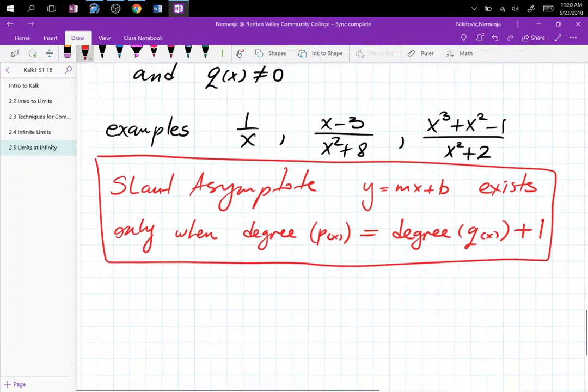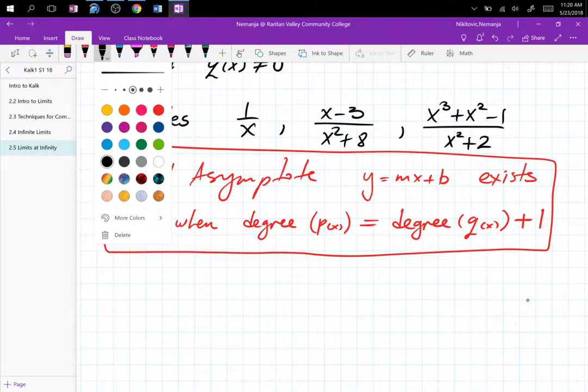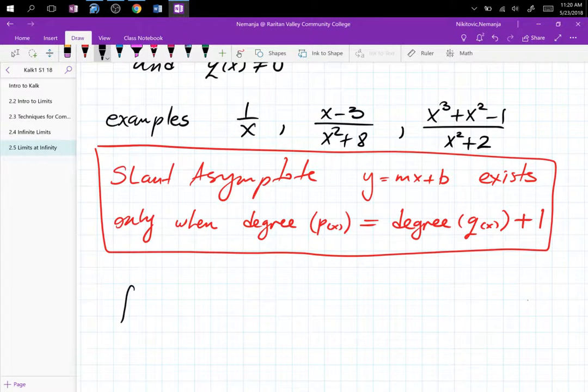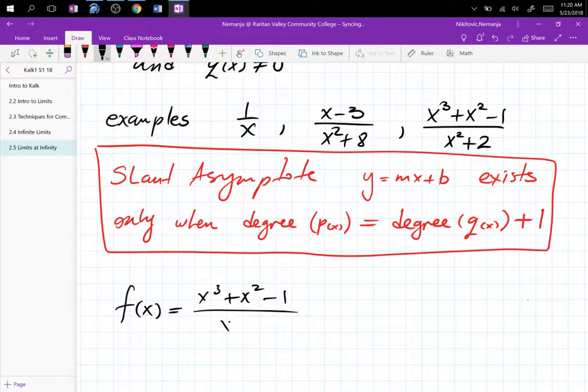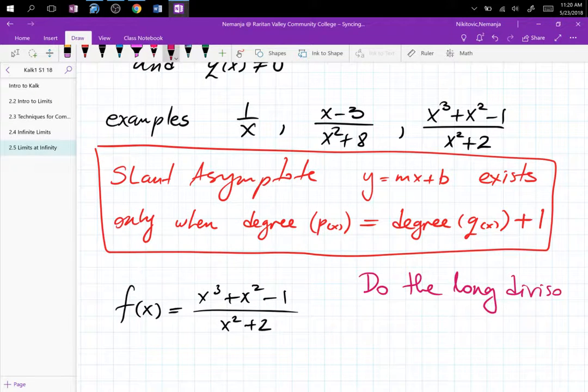So now if I take the example that I already have, that's what we got. So, procedure is do the long division of polynomials.